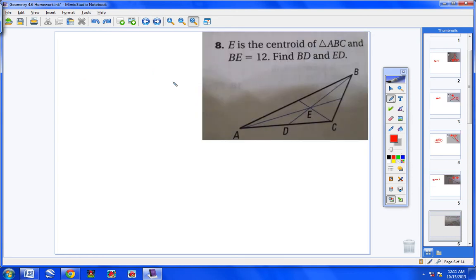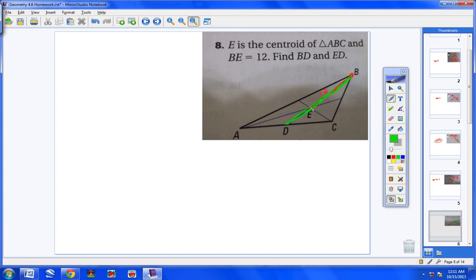Okay, number 8. E is the centroid of triangle ABC. BE, so from B to E, this red line right here, the distance is 12 units. Now think about that, please, students. Watch this. Here's the entire DB right here. Here's the entire median right here. You see that?